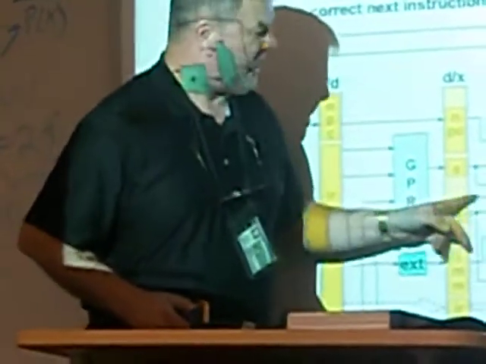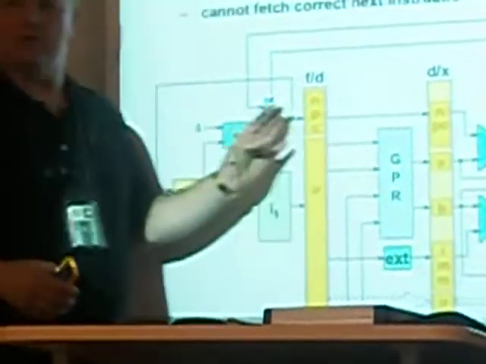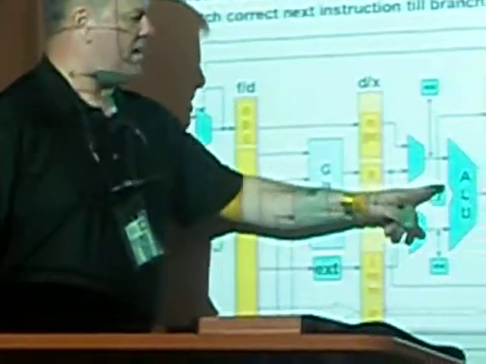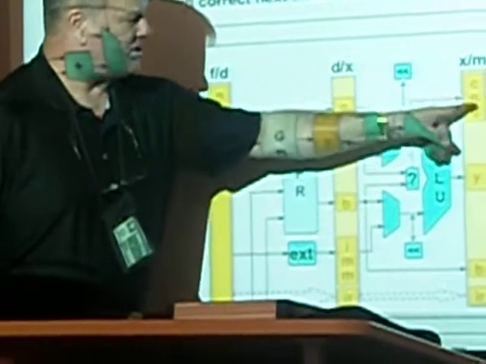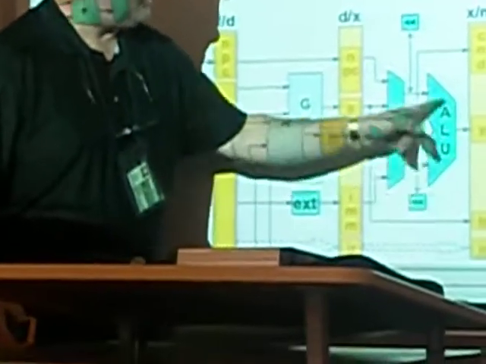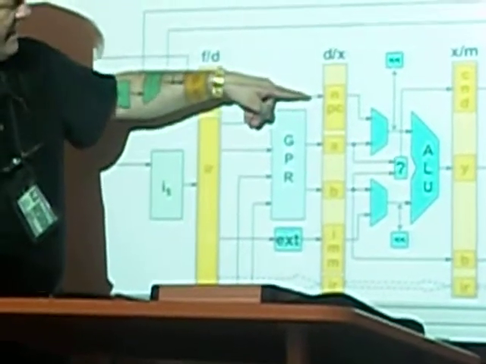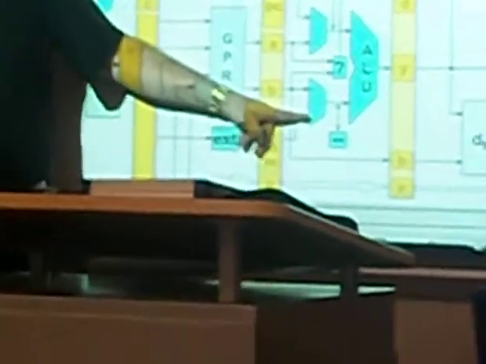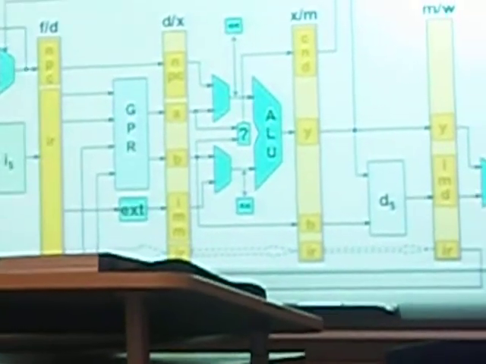Because during execute, with this late branch completion, as it's called, we evaluated the condition and stored it in XM.cond, and we calculated the BTA as being NPC plus 4 times the offset. We added those together, and so what's the earliest opportunity to fetch the next instruction after the branch?